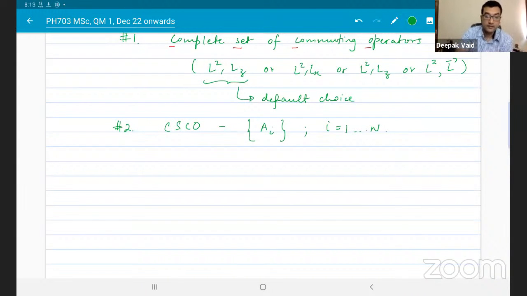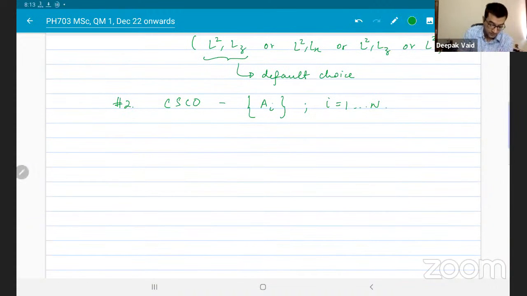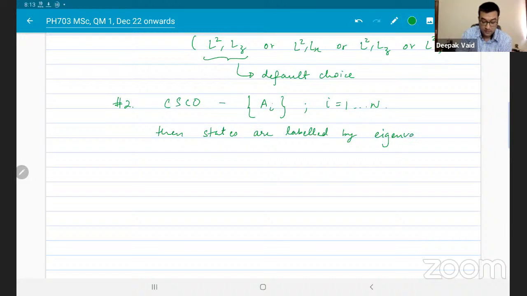Then what does it mean to have a set of commuting operators? If operators commute, then they have simultaneous eigenvalues. So your states are labeled by eigenvalues of all the Ai.